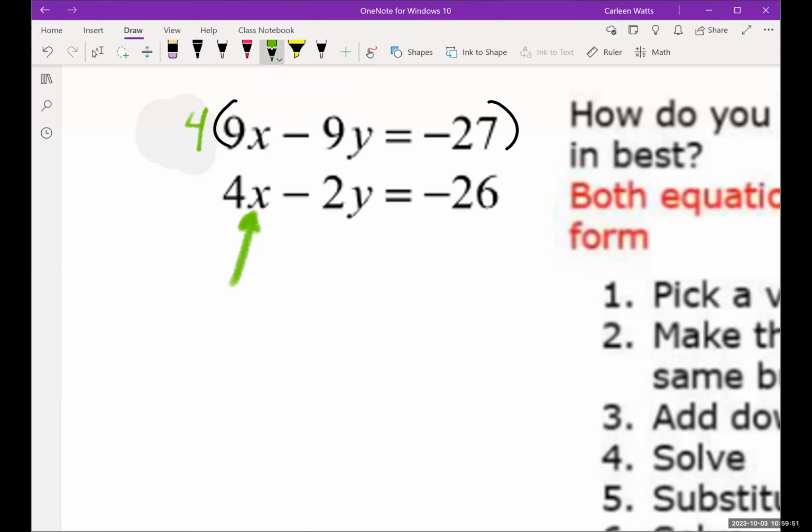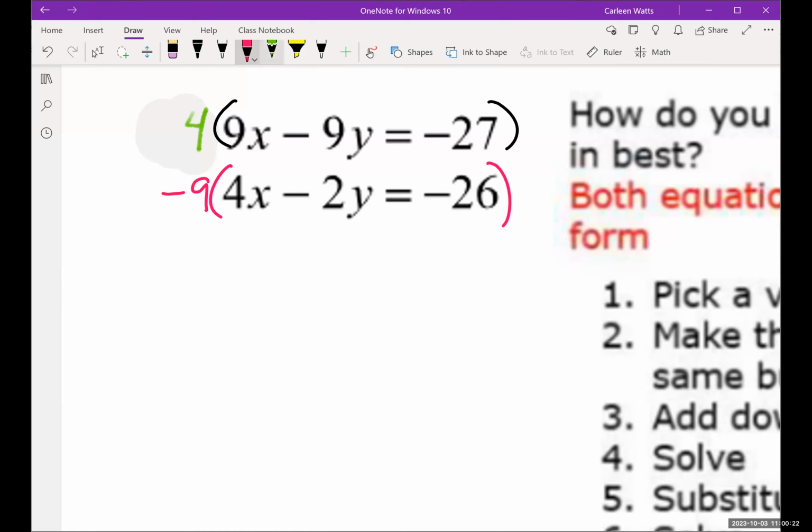Nice, 4. And you do the bottom by 9. Now be very careful. The bottom, same but opposite. Negative. -9. Can you see that's gonna give me a positive 36 on top and a negative 36 on the bottom?